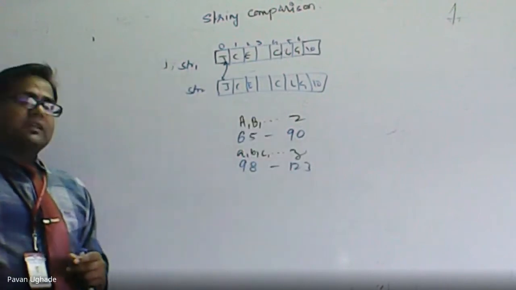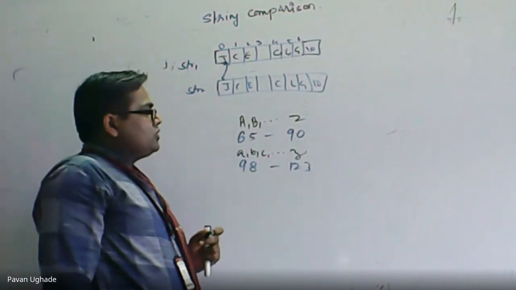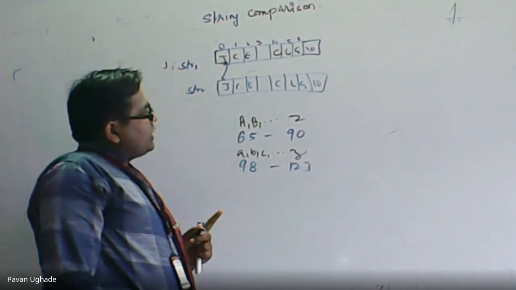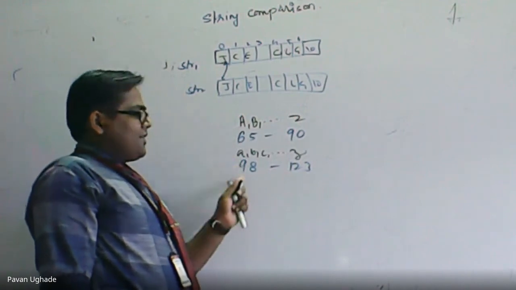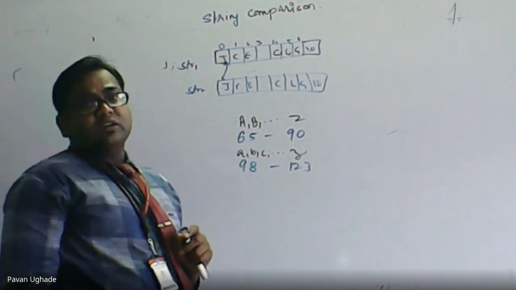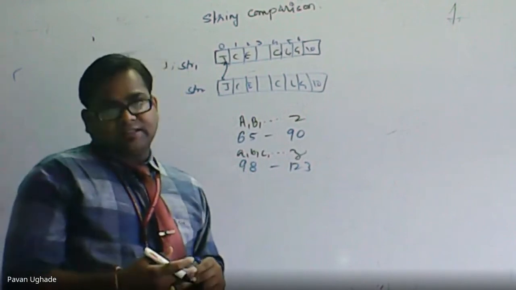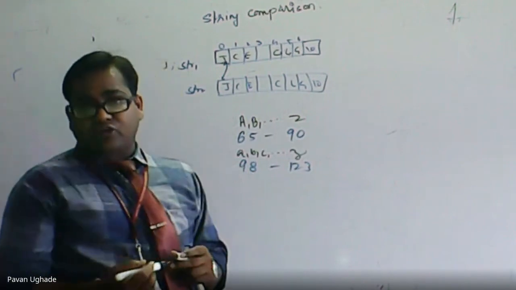These are the ASCII values you have to remember. So if you compare capital A and small a, 65 and 97, they differ. It compares their ASCII values, not the characters actually.